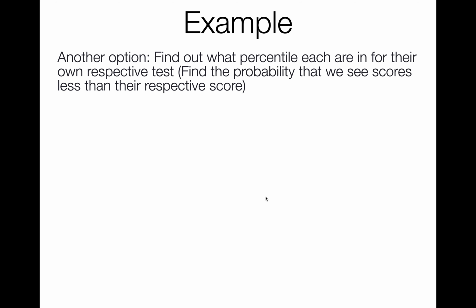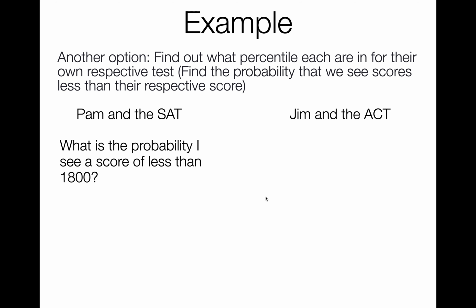If a person walks in and I ask what's the probability that this person, without knowing anything about them, gets a score of less than Pam's score or Jim's score, I could answer that. Whichever one has the higher probability, which in turn means the higher percentile, is better. We'll first start out with Pam and the SAT, and then we'll go with Jim and the ACT.